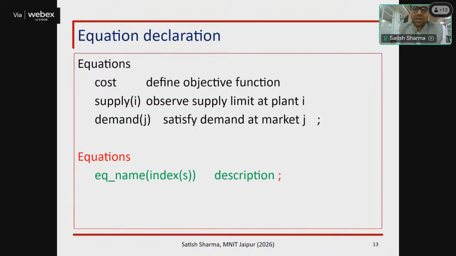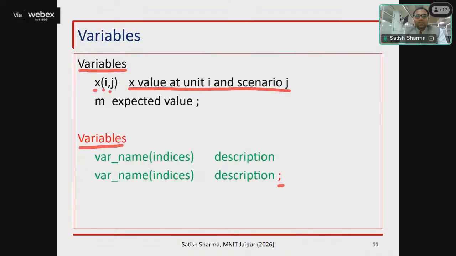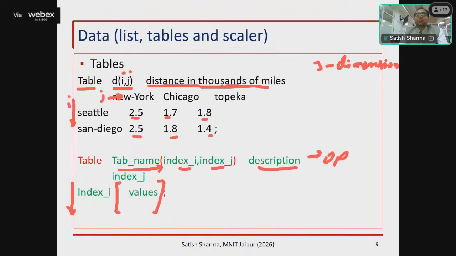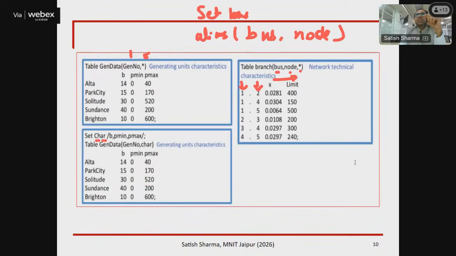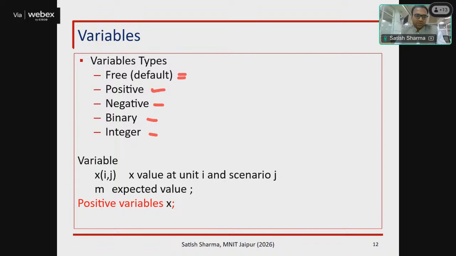This is why I was asking you multiple times: if we know all the variables, those variables will be defined before. We will define all the parameters. You have to make sure what the input of those parameters will be, so that it can be defined with either a scalar, table, or list, which are parameters. And sets are basically how many sets there are. Based upon that, we can define it.